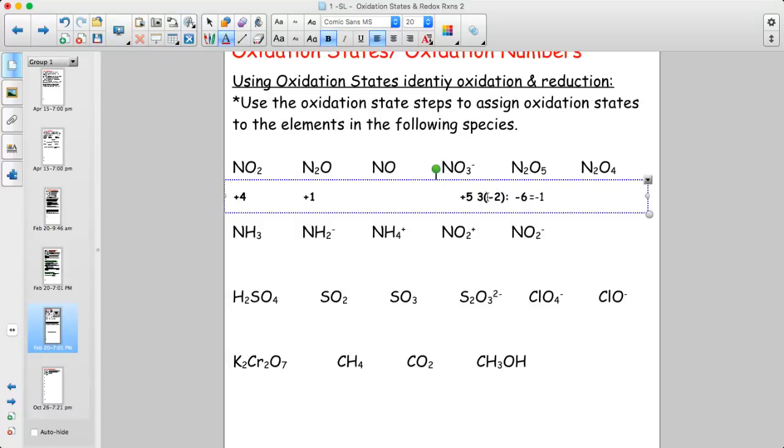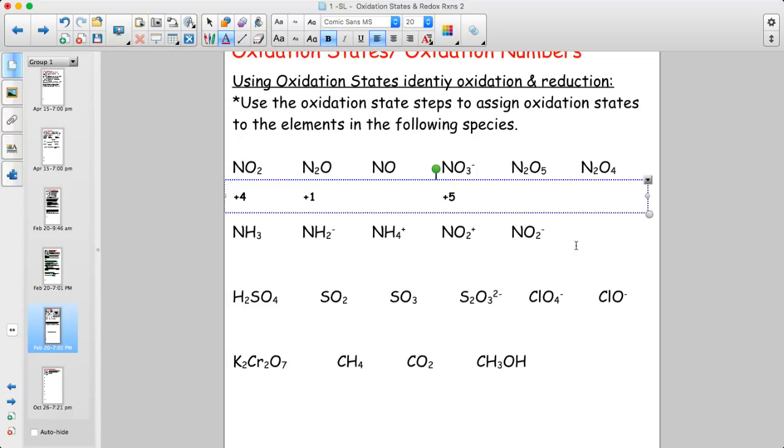They have to add up to minus 1, so there must be only 5 pluses. And since there's only 1 nitrogen, all 5 of those pluses must come from the nitrogen. So I would say that the oxidation state of nitrogen in nitrate is plus 5.